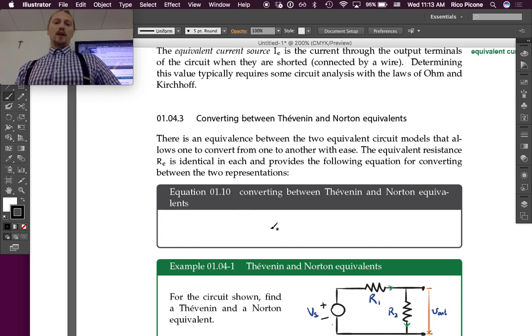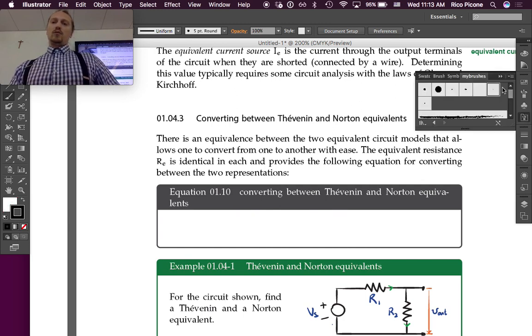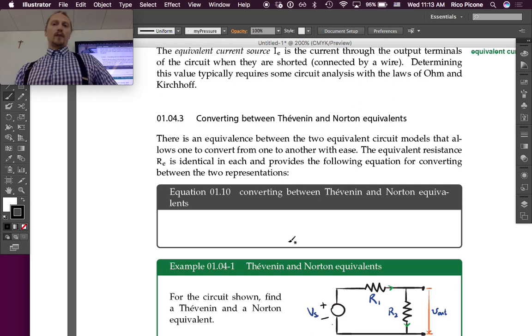So the bridge is that the Thevenin equivalent voltage source voltage is equal to RE, the equivalent resistance, times IE, the Norton equivalent current source.